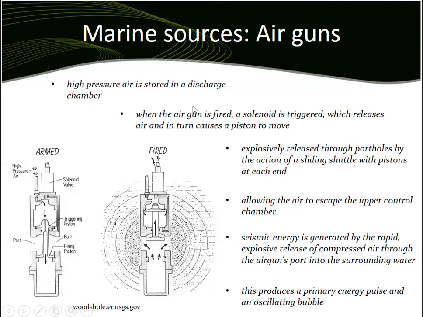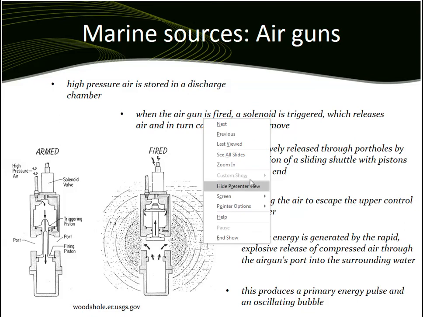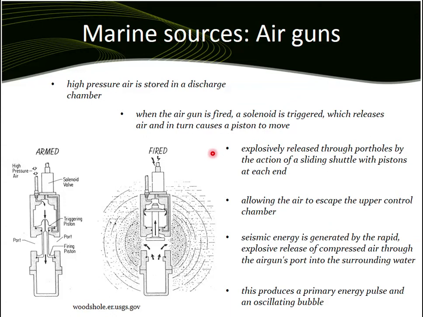So now here is the figure for the basic schematic cross section of the air gun. On the left is the armed position, in which the air gun is in standby mode, while on the right side is when it is fired. Basically we have two chambers over here, on the top and the bottom.